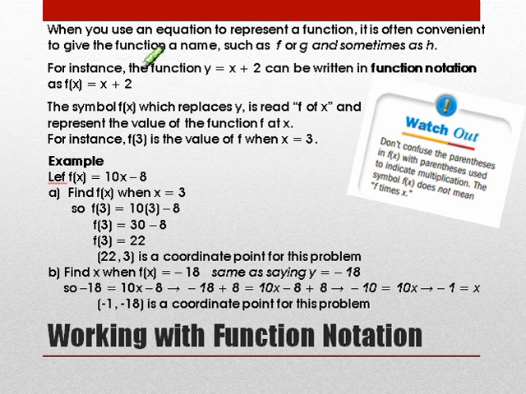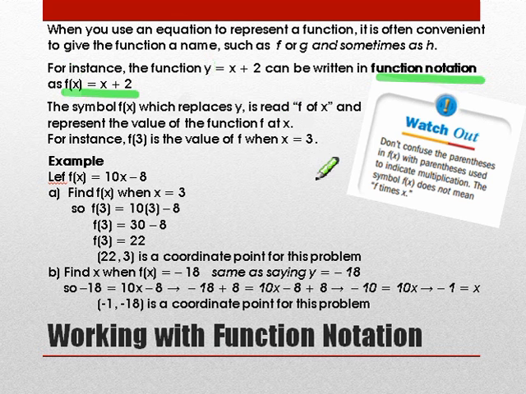For instance, the function y equals x plus 2 can be written in function notation. Function notation is when we use the f of x. You're going to notice the y and the f of x are the only things that change. The equation itself is the same.